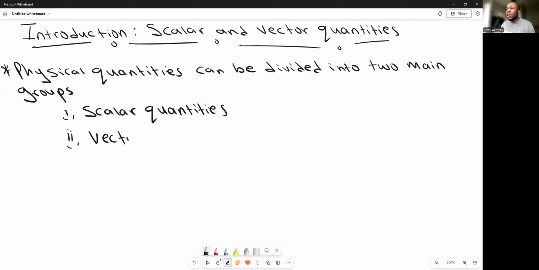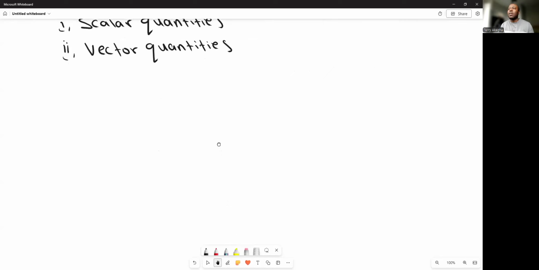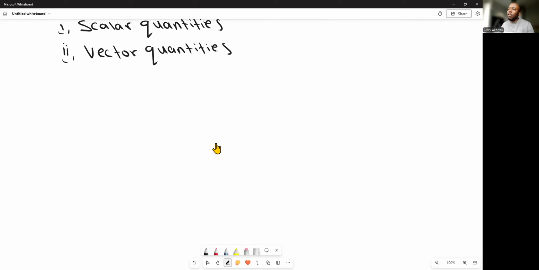So basically, the physical quantities are broken into two types, the scalar quantities and the vector quantities. What I'm going to do is start with the scalar quantity, just a quick one, and after that, I'm going to move to the vector quantities.